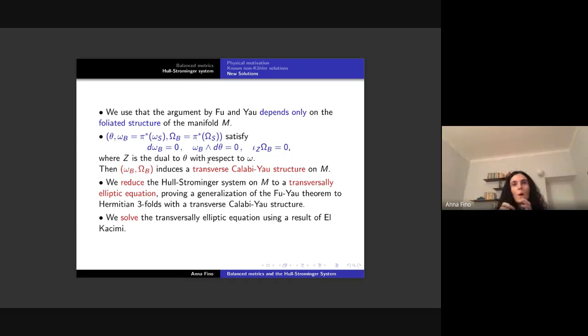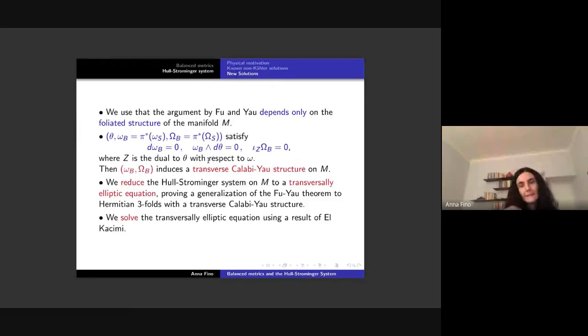So in a natural way, the real part of zeta and the imaginary part of zeta give you a Riemannian foliation, but the transversal holonomy of this Riemannian foliation is in fact contained in SU(3). So we have a transverse Calabi-Yau structure on M.